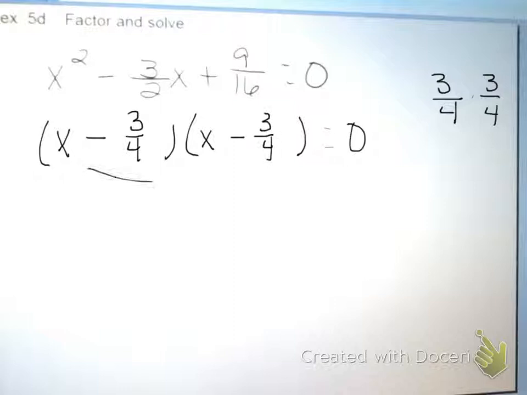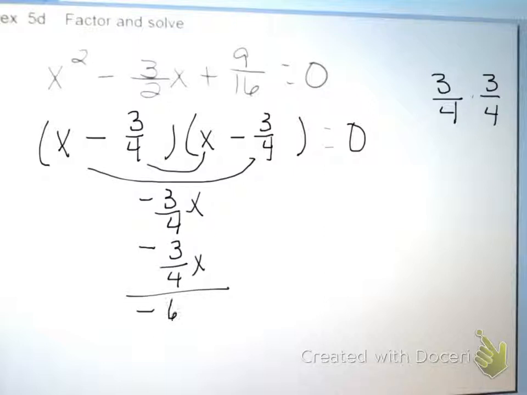Now look, if you check it, that's a negative 3/4 x, and your end term is a negative 3/4 x, which is a negative 6 over 8x, which reduces down to negative 3/4, which is your middle term. So after I check, I'm going to erase this.